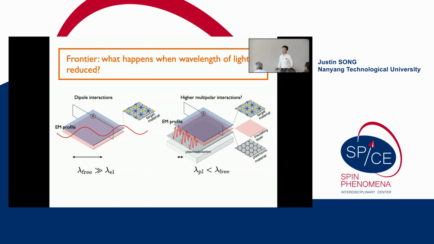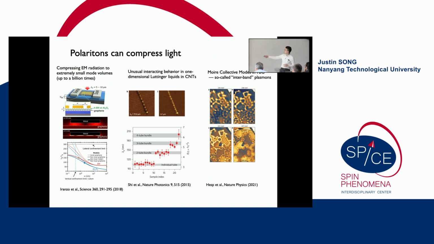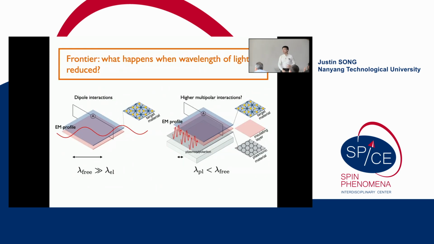Right. In particular, one frontier, and I'm trying to motivate this new frontier, is what happens when the wavelength of light is dramatically reduced, whether from a polariton point of view, whereby you put your quantum material in some kind of heterostructure that really compresses light down, or you can use a cavity, or some other means.